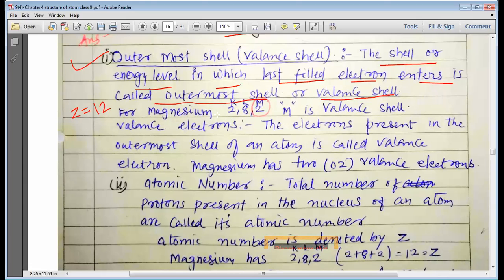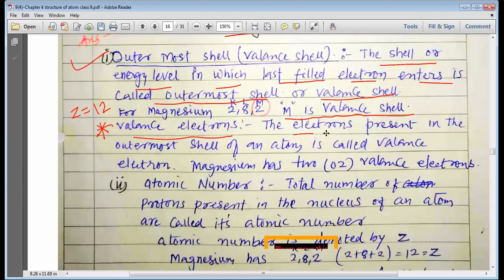So 2 are left. So it is 2, 8, 2. Here you can see that in the K shell it has 2 electrons, in the L shell it has 8 electrons, and in the M shell it has 2 electrons. So the last filled electron goes into the M shell, and that is why M is the valence shell for magnesium. Now what is the definition for the valence electron?